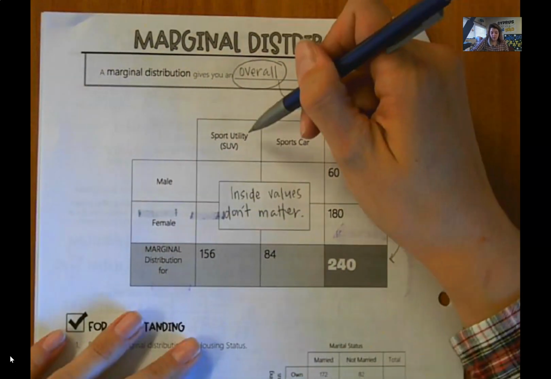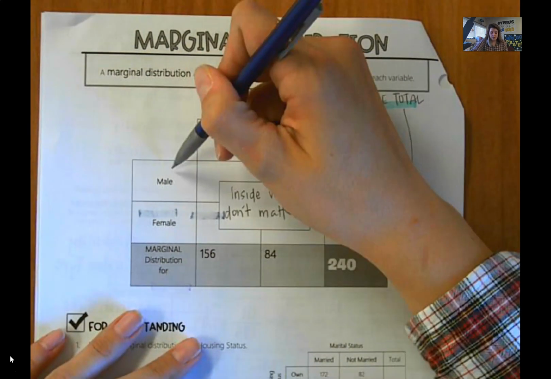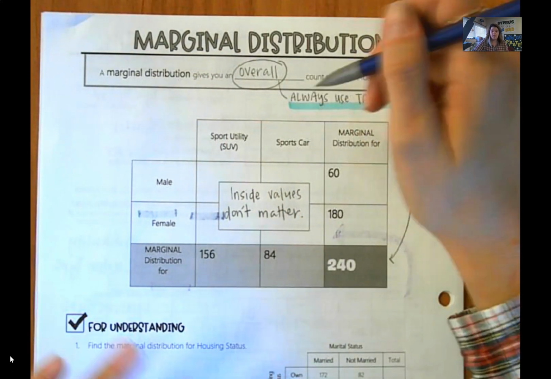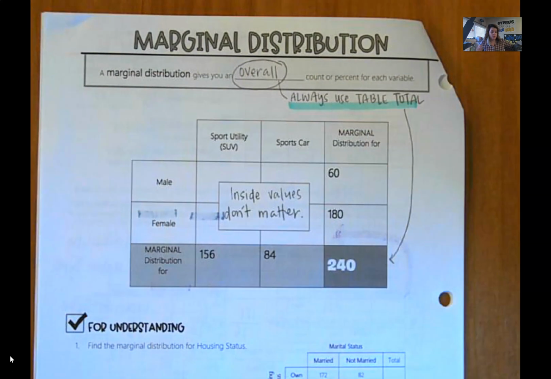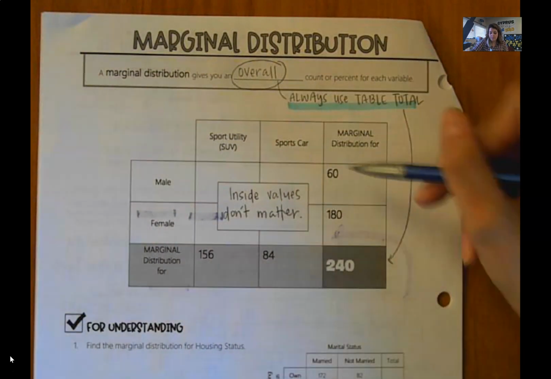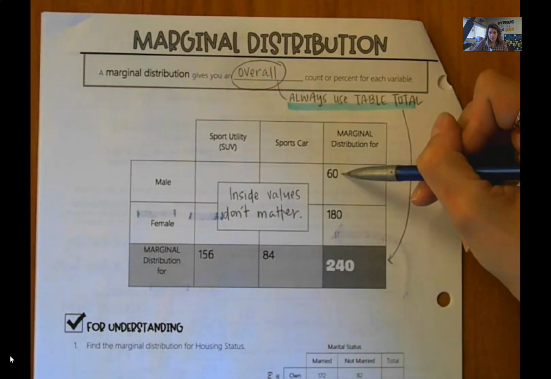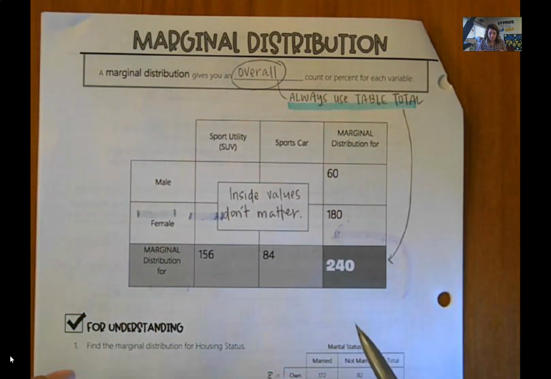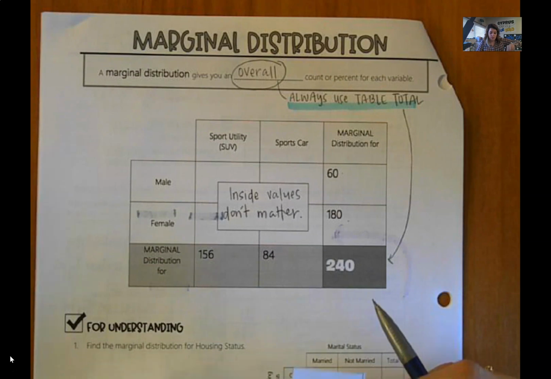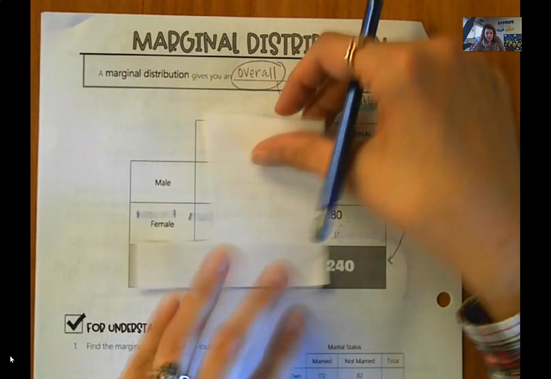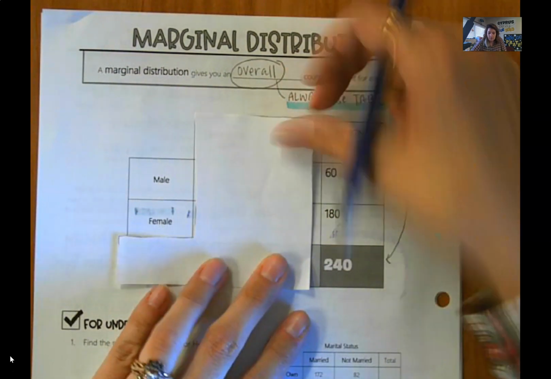Let's start with gender. If I wanted to find the marginal distribution for gender, essentially what I do is ignore all other information in the table except for the total number of males and the total number of females. I have a little paper here that I made so that I could cover up the information in this table that I don't need.